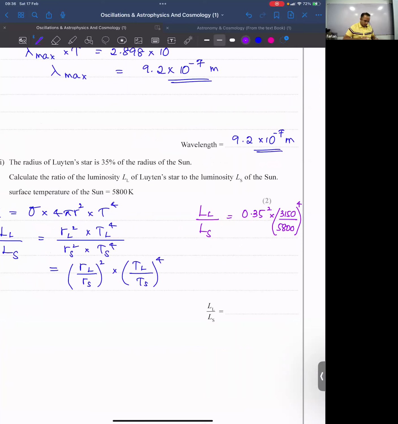That will come down to 0.0107. Correct me if I'm wrong. Have you got this answer?